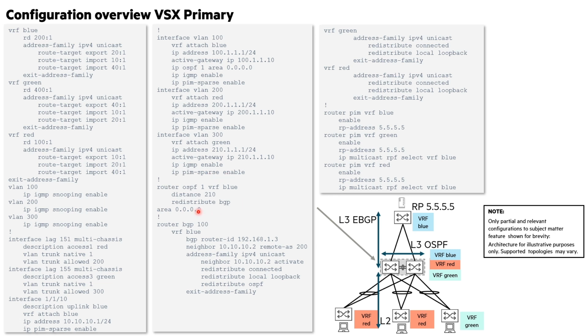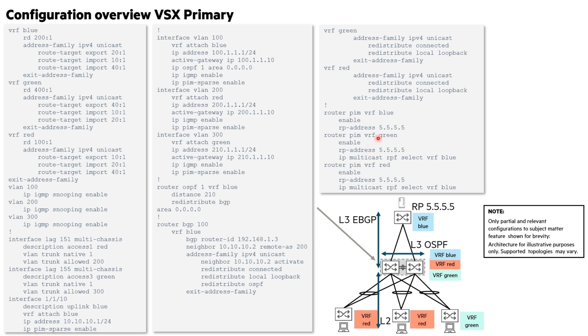We have some OSPF routing between the VSX pairs, and then we have some BGP that's helping to mix the VRFs, as well as peering to the device where the source is. Finally, we have the actual multicast IVRL mixing, where we've got the source blue defined, and then our VRFs that we're effectively leaking into.